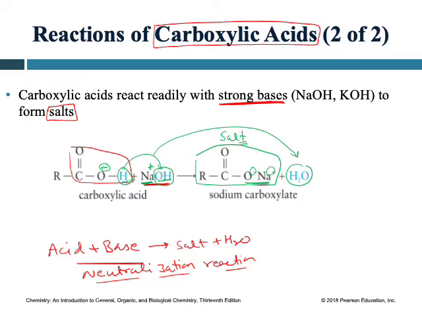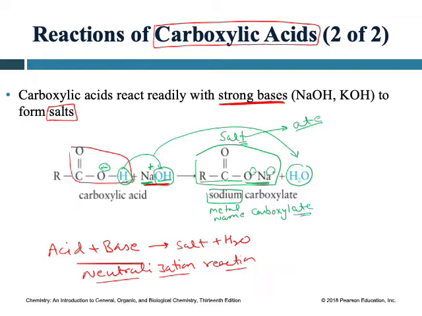And how do we name any salt? You always write the metal name first, sodium, and then the name of the acid, carboxylic. But this is not an acid, that's why I'm not writing carboxylic acid. We are going to write carboxyl, and the name of the salt, remember this thing, always ends with ate, right?